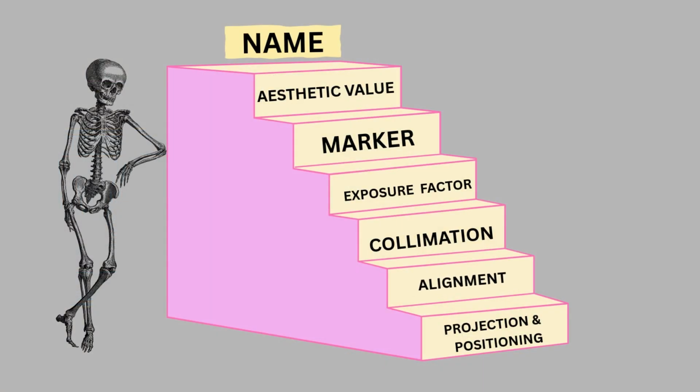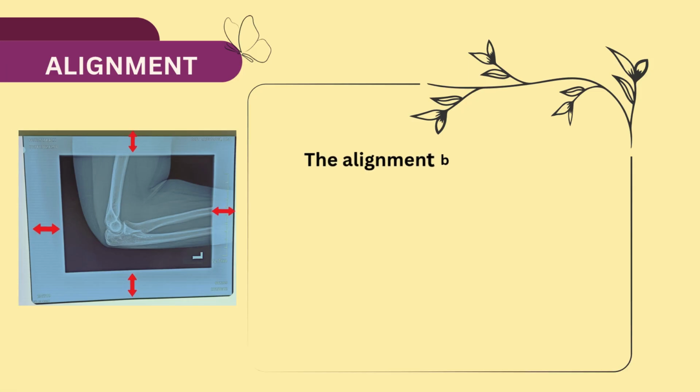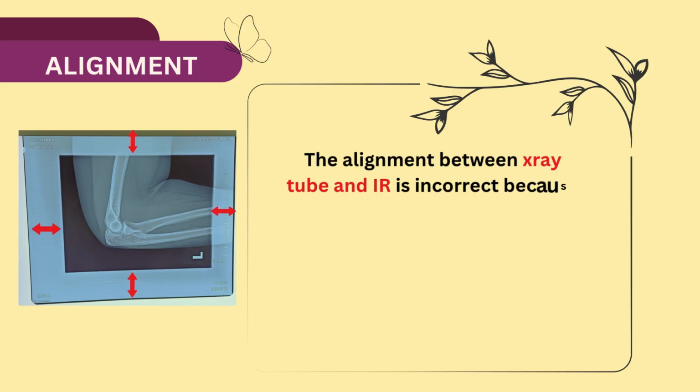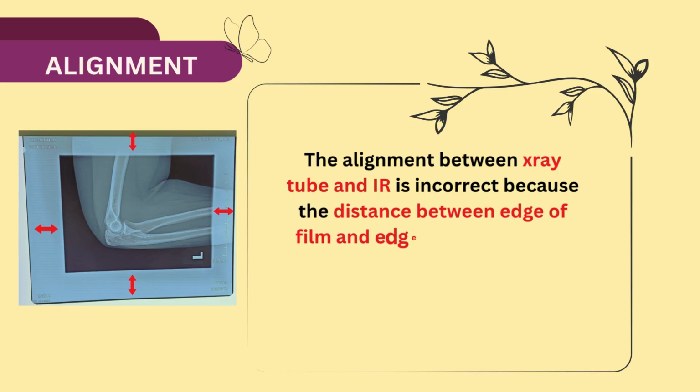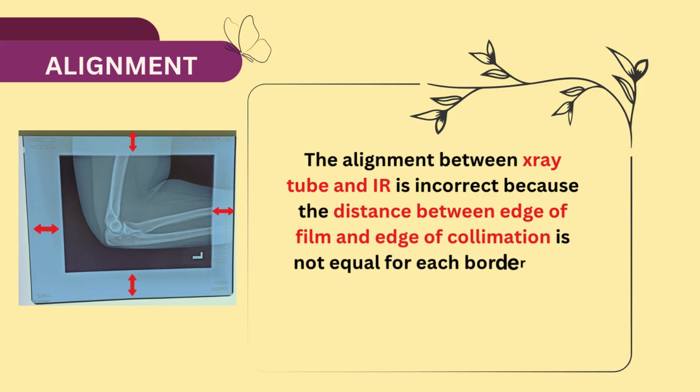Next, we will discuss the alignment. The alignment between the X-ray tube and the IR is evaluated by comparing the distance between the edge of collimation to the edge of the film. In this radiograph, the alignment between the X-ray tube and the IR is incorrect because the distance between the edge of the film and the edge of collimation is not equal for each border.